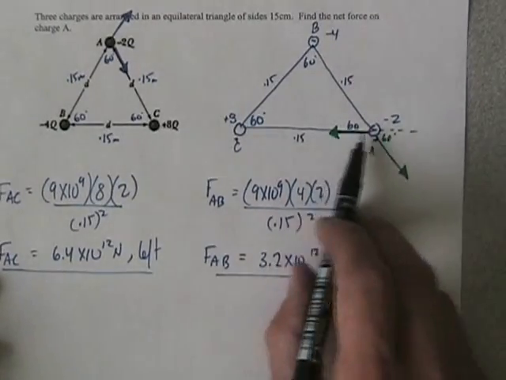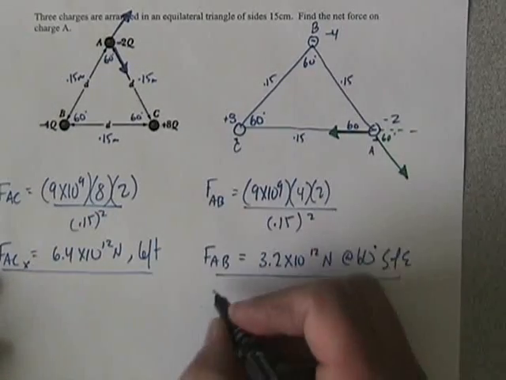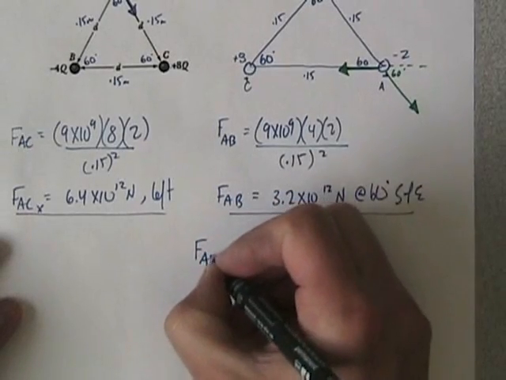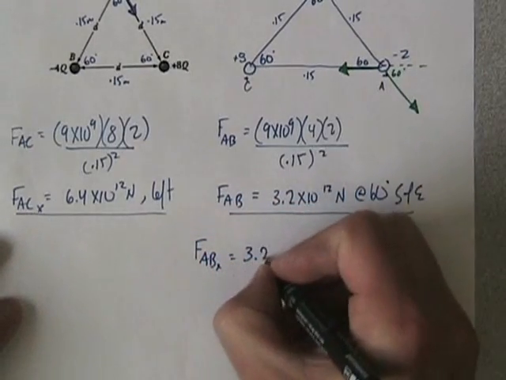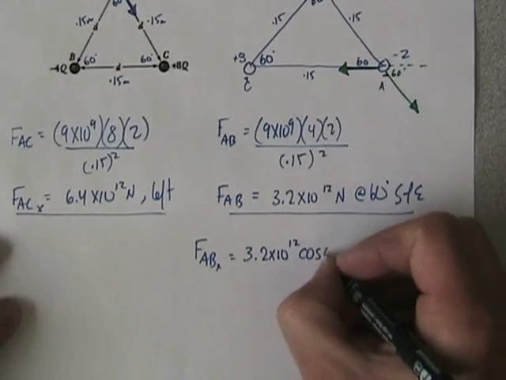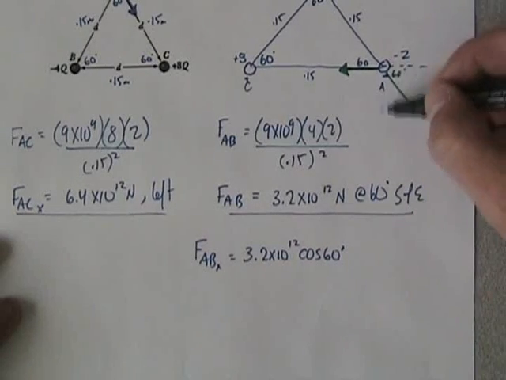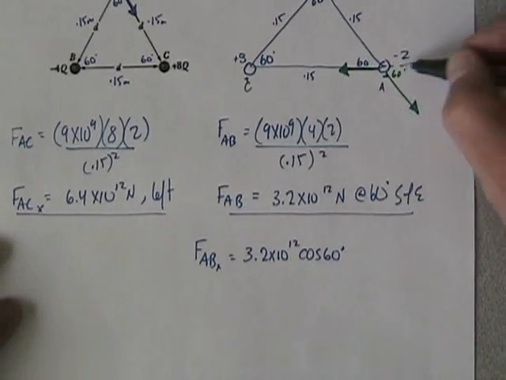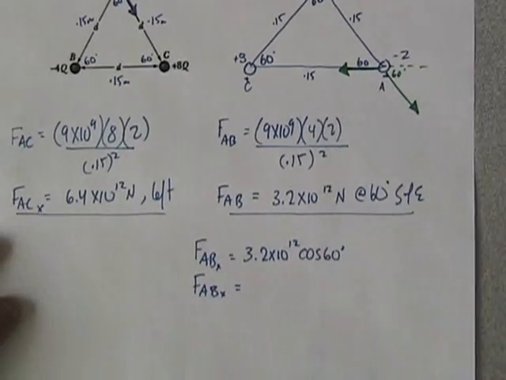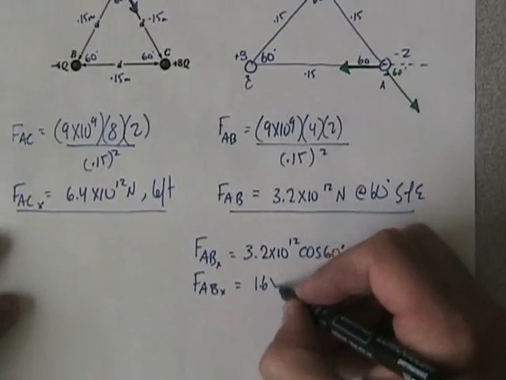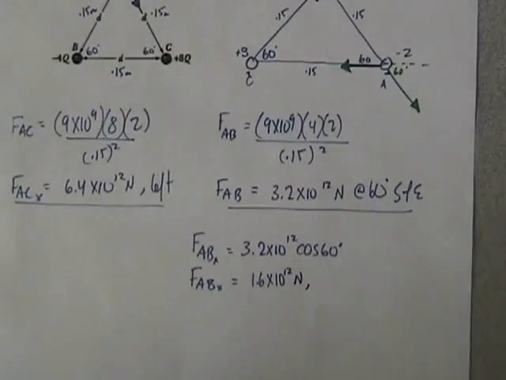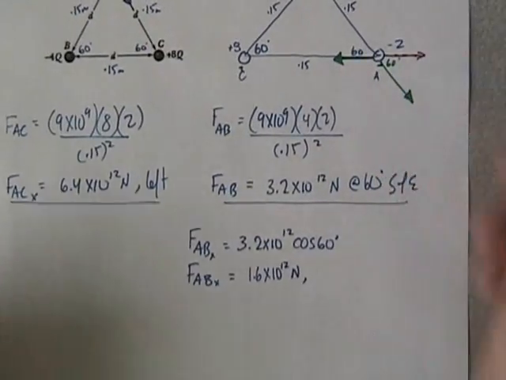FAC is to the left, which is essentially an x-axis, so I'll call it x, which means I'm going to have to break FAB into x's and y's. So FABX is going to be 3.2 times 10 to the 12th cosine of 60 degrees. Remember, it's 60 and not 30 because you want to come off the x-axis here. So FABX ends up being 1.6 times 10 to the 12th newtons, and the direction has got to be this way, which is right.